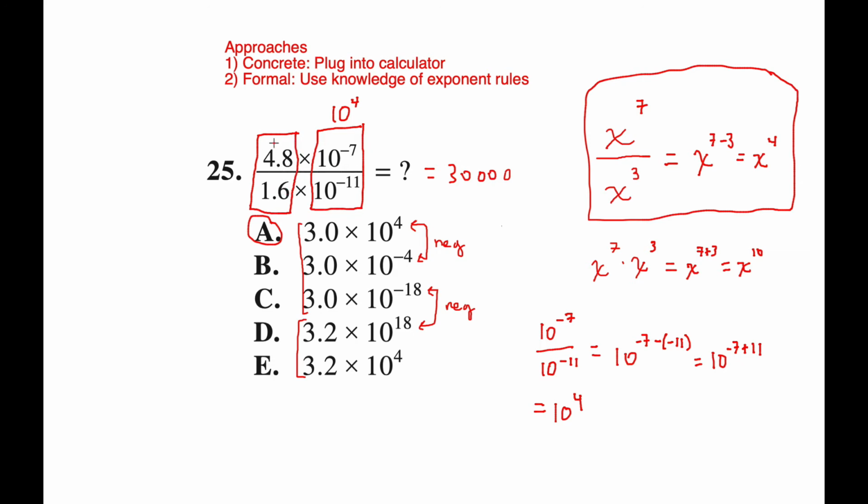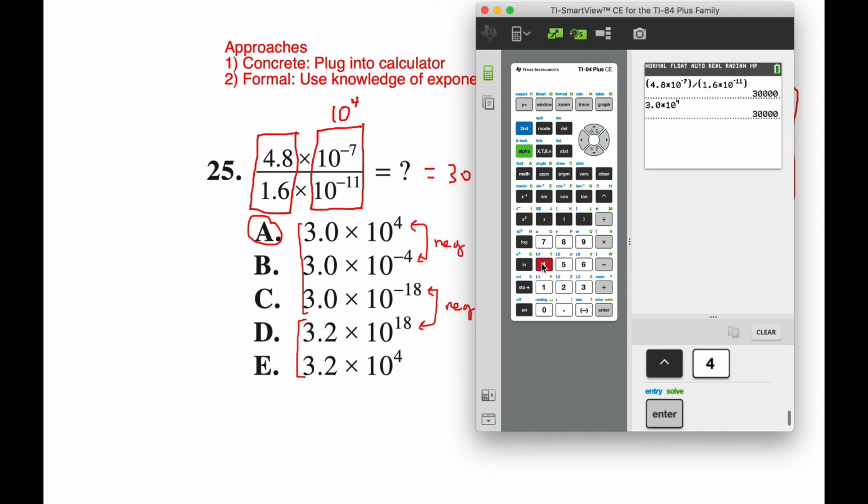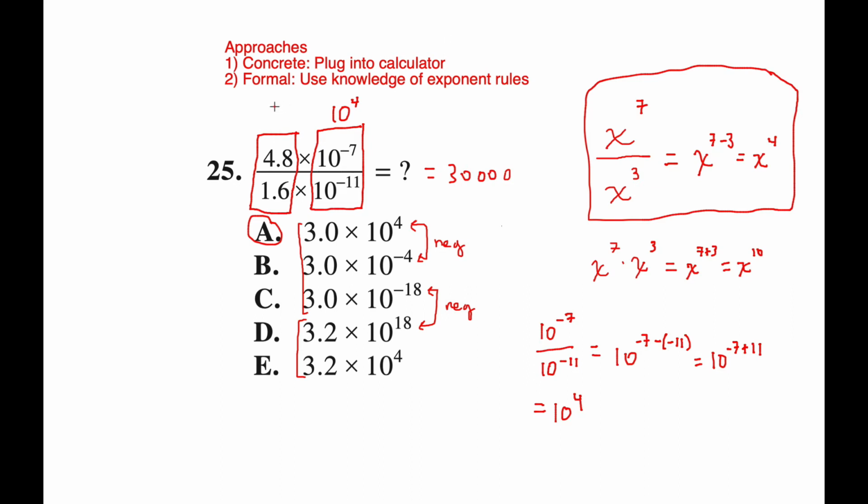This is just a situation where we're going to do pure division, 4.8 divided by 1.6. So we can pull out our calculator again. 4.8 divided by 1.6 is equal to 3. So this just becomes 3, and we get 3 times 10 to the 4th, which we saw, again, was answer choice A.